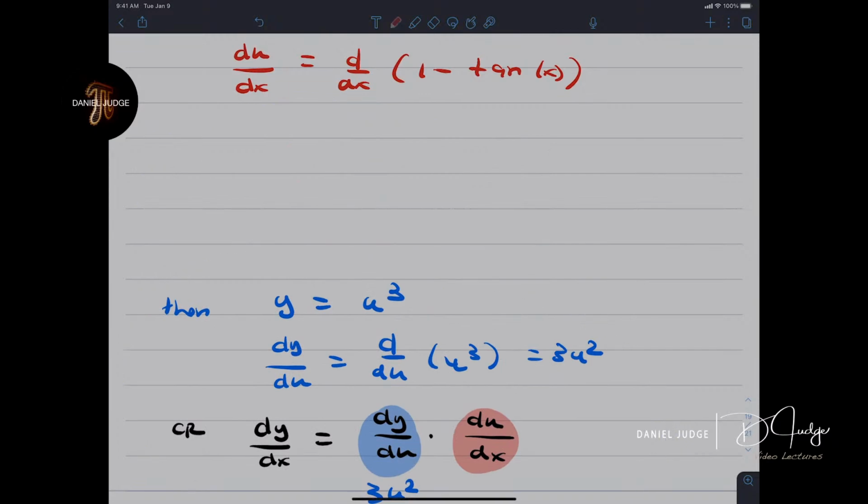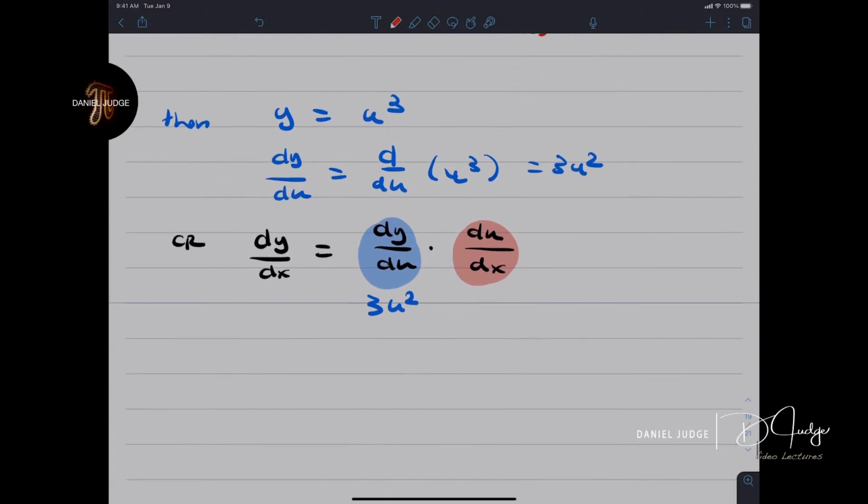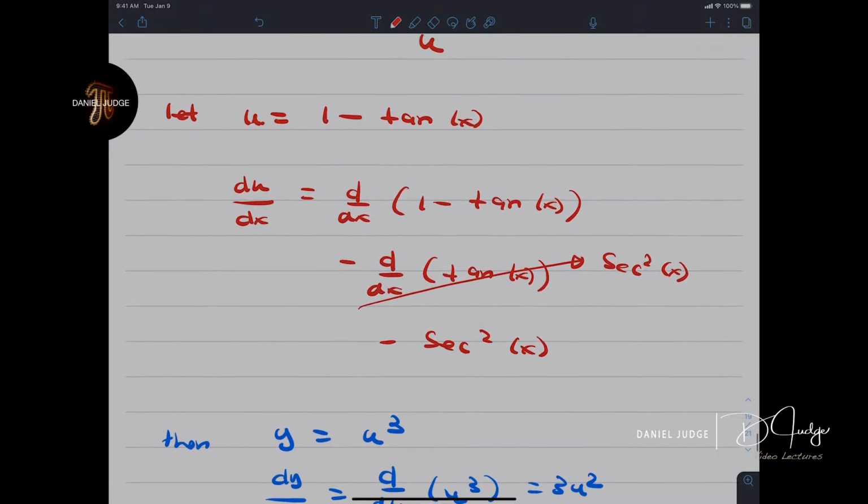So the derivative of tangent here, by properties, this is minus d dx of tangent. The derivative of tangent is secant squared. So this will be minus secant squared. Don't forget what u is.